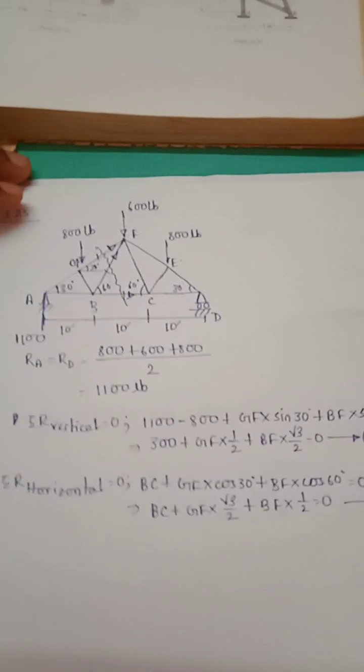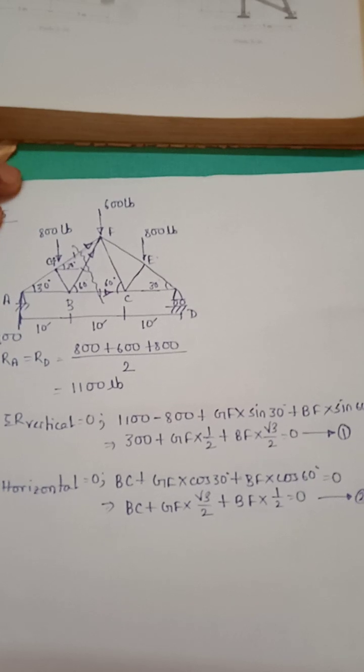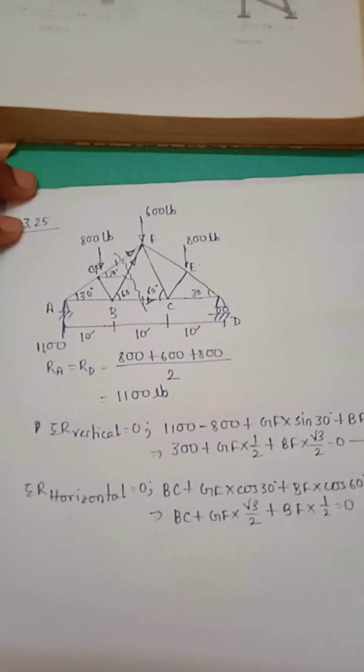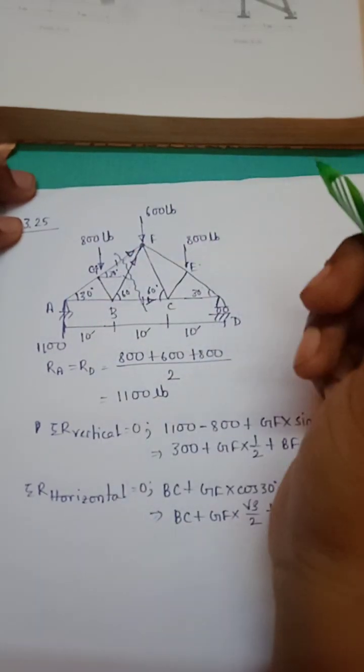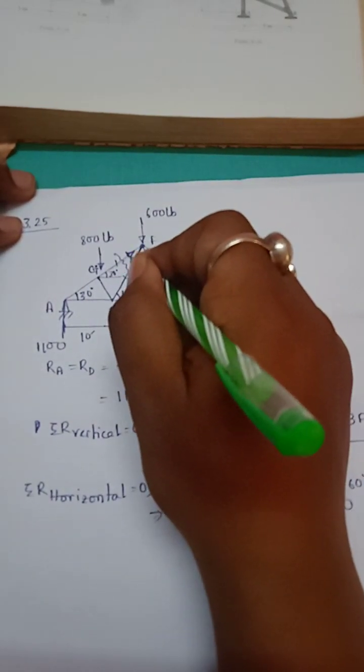And can you guess with respect to which point we will take moment? Yes, this time also you guessed correct, that is point F. So moment of these forces will become 0.